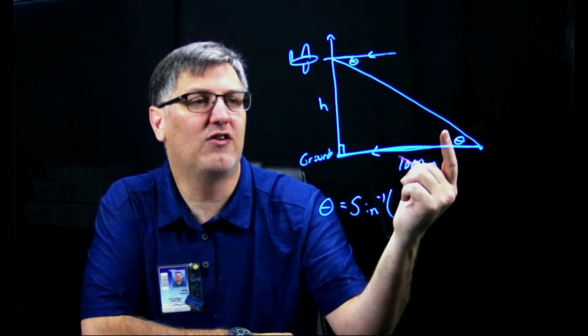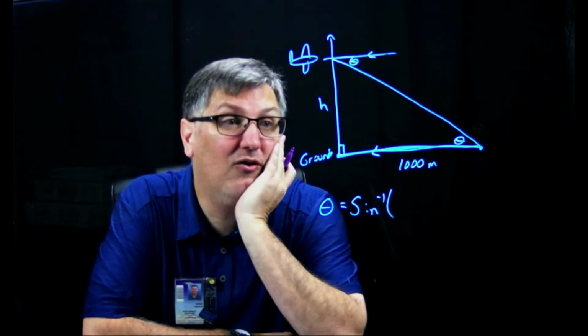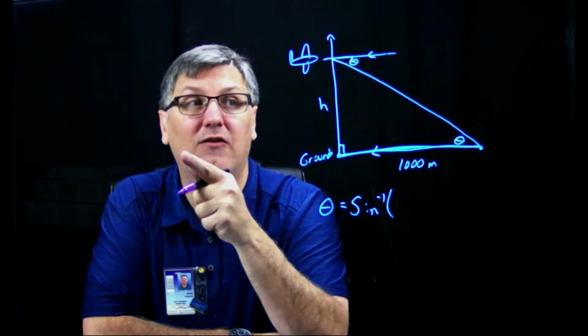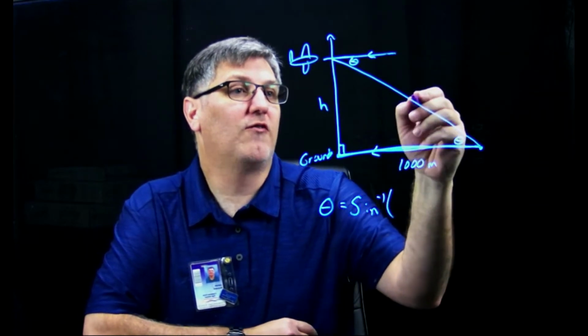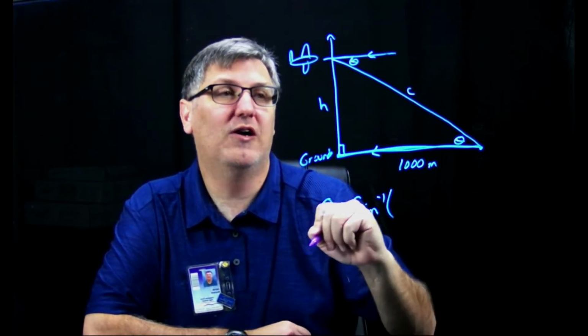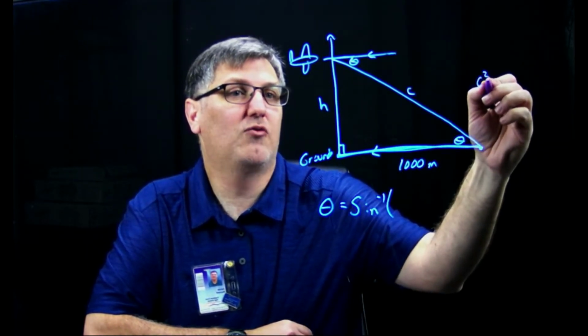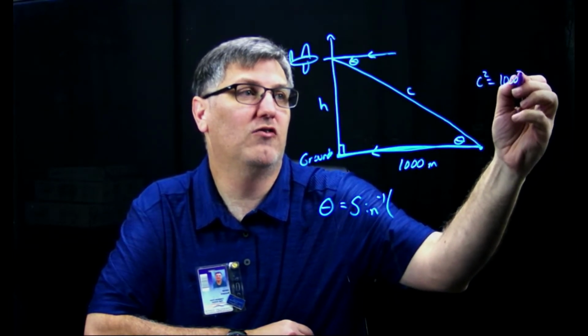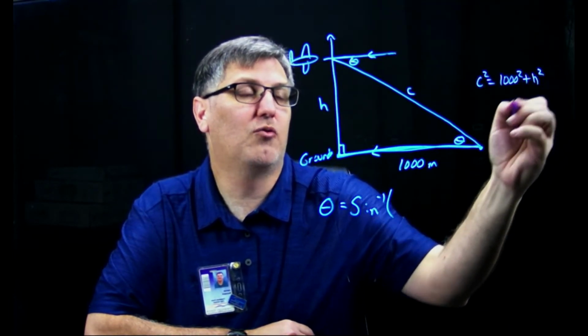Well, sine is opposite over hypotenuse. Oh, I don't have the hypotenuse. But I do know the Pythagorean theorem. If I call this C, I could do C squared equals 1,000 squared plus h squared.